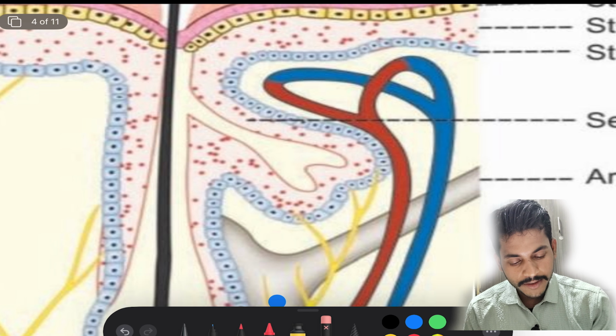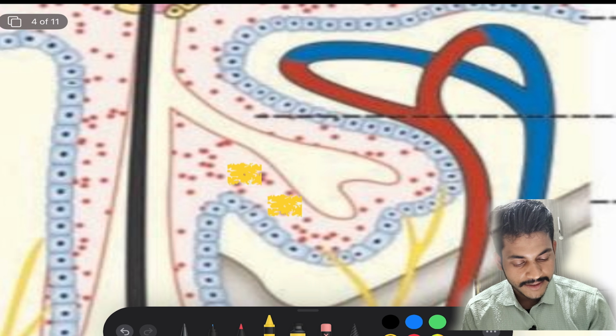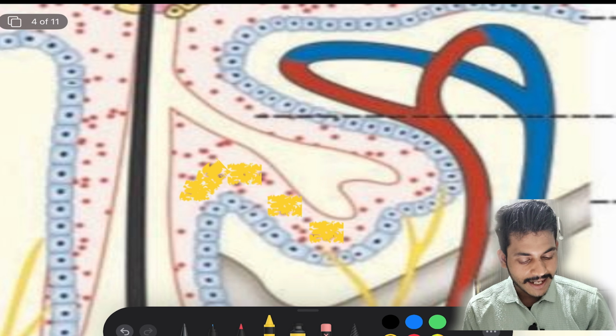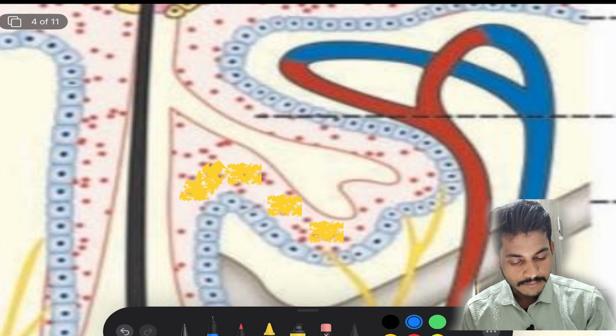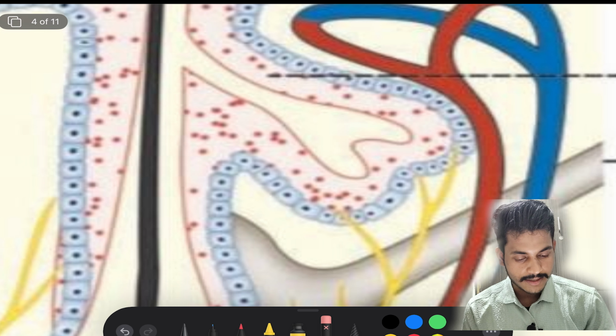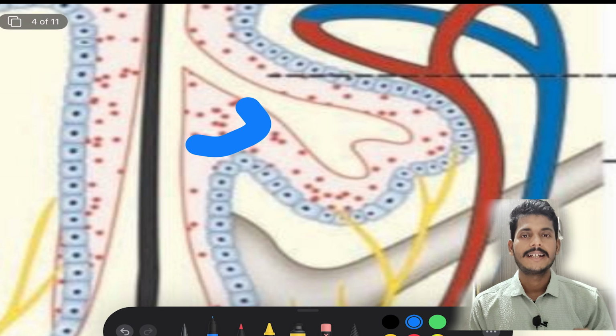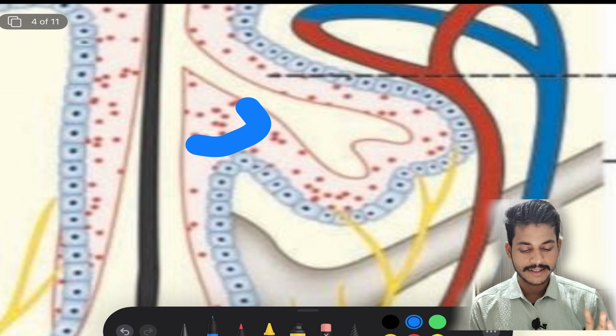As you are seeing these red patches, these red colonies, these colonies are the C. acne population, C. acne species, and they are present in their adequate number.